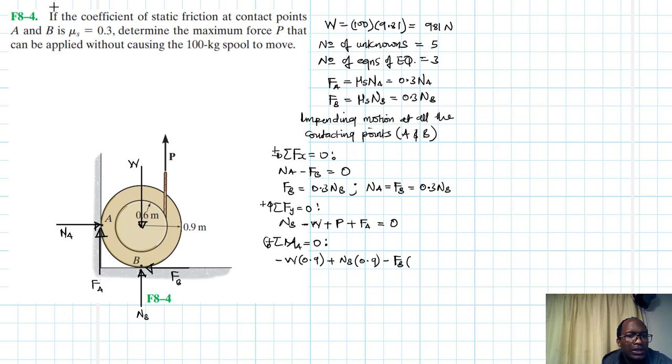Of course we know that this distance here is equal to 0.9 minus 0.6, which is equal to 0.3.